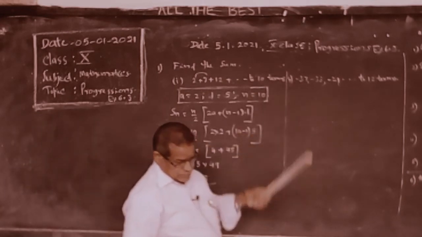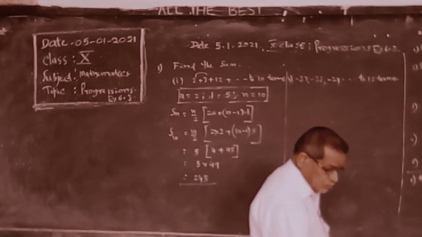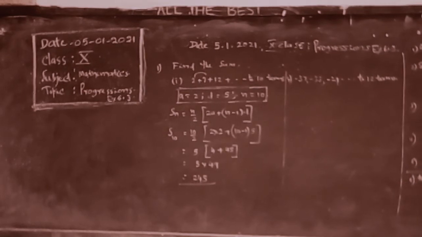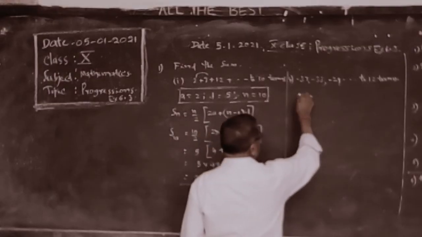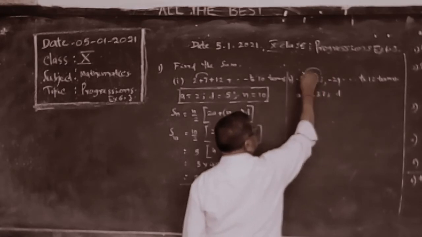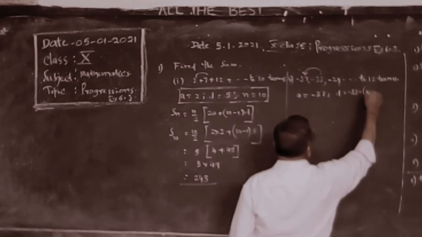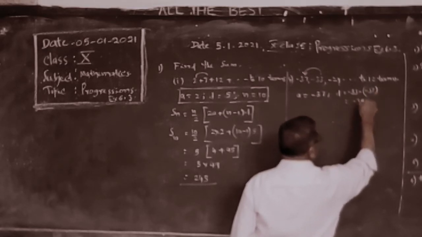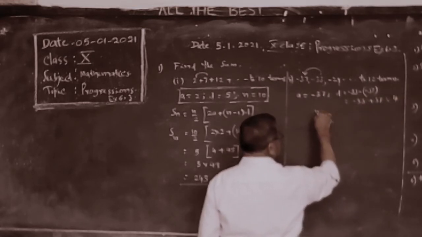Similarly, do this one. Apply the formula. I am giving you 5 minutes. a is equal to minus 37, and the common difference d is minus 33 minus (minus 37), which is minus 33 plus 37, that is 4, and n is equal to 12.